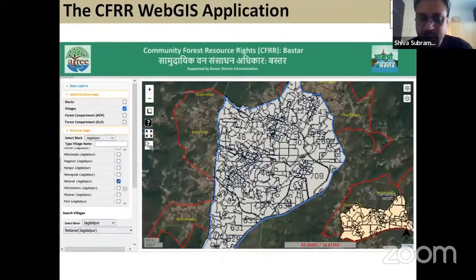Right now this pilot is concentrated around the district of Bastar, and we have around 350 plus cadastral maps which show the village resources laid out, and using these resource numbers, the Gram Sabhas and the facilitators can verify those claims better and resolve the conflicts that generally arise with those claims.